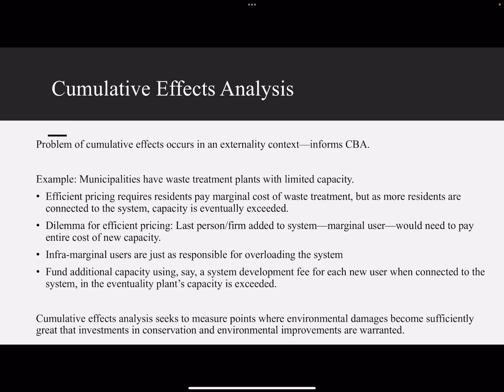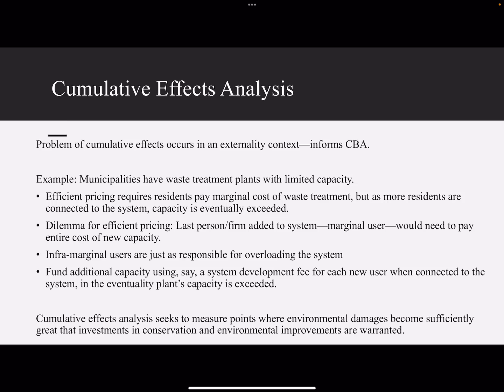But as soon as congestion is reached, then the marginal user, the last car, which results in the congestion, then increases that marginal cost and is no longer an inframarginal user. So the inframarginal users are just as responsible for overloading the system, just like the inframarginal car users are with the bridge.